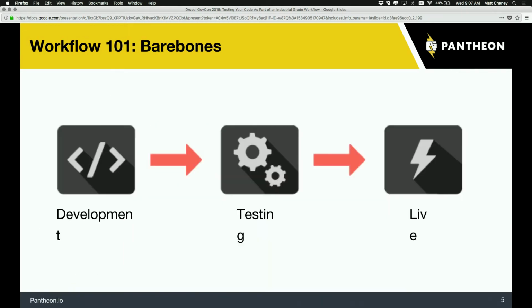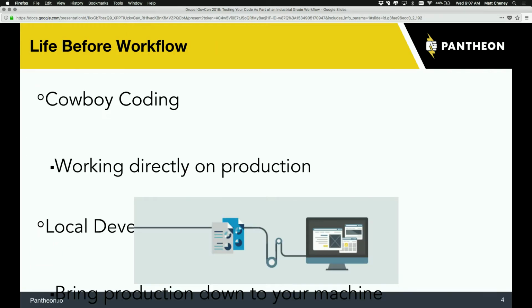First thing up is that before the workflow, before you had version control, for people who are working directly on production or working directly on a laptop and pushing to production, that life isn't as great as you might want.